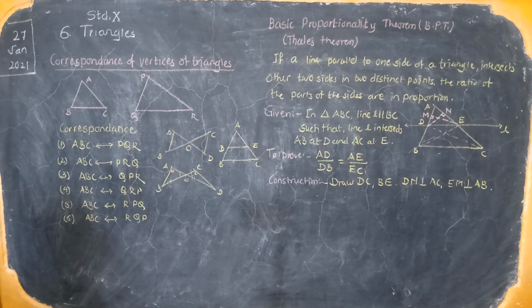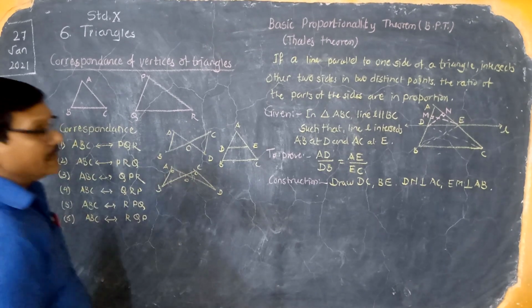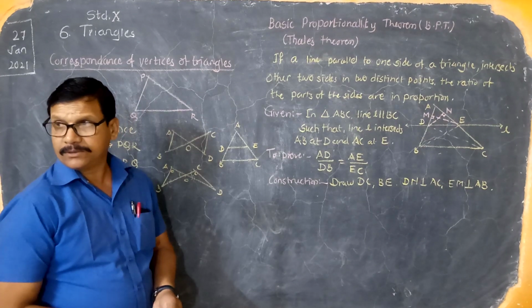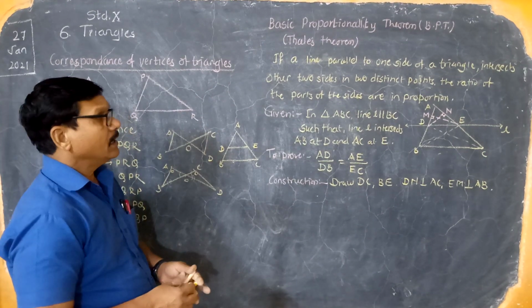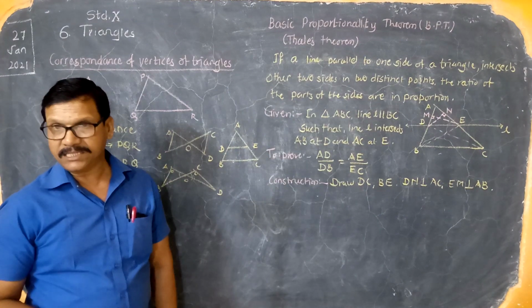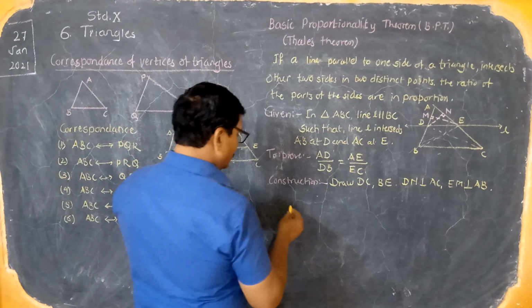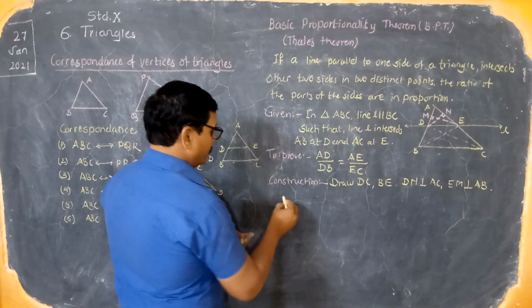Please keep quiet. I will give you time. Now this construction is done to show that the ratio of these corresponding line segments are equal. The proof of this.